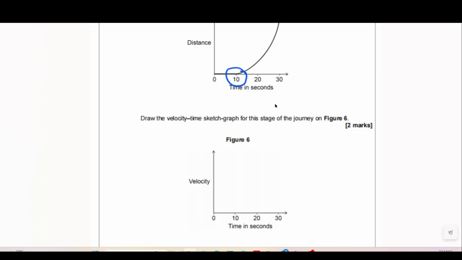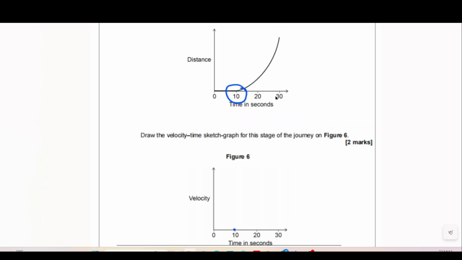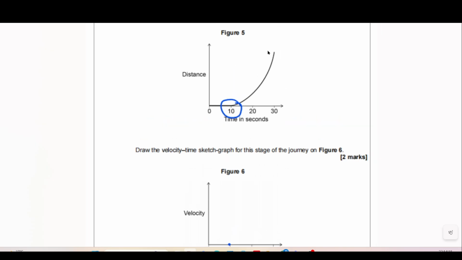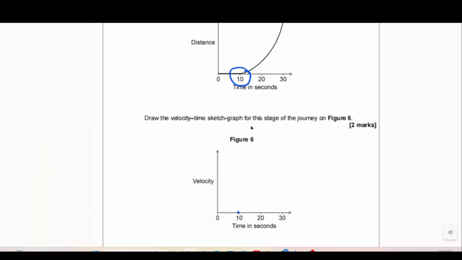So we have to draw velocity time graph. That means the velocity will also start with 10, right? As you can see, as the time is increasing, the distance is also increasing. So that means velocity is changing, and we can start it with 10 and it will go like this.